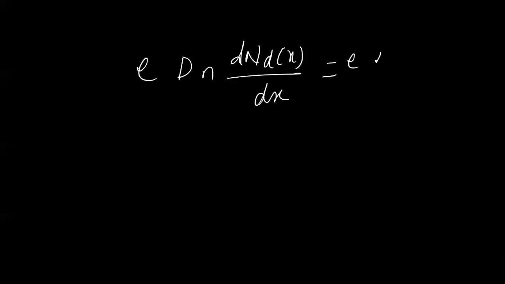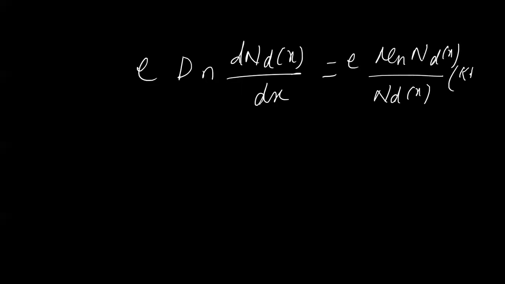So let me just rewrite it, then I will cancel e. e D_n dN_d/dx must be equal to e mu_n N_d(x) divided by N_d(x), and then there was a term kT/e multiplied with dN_d/dx.